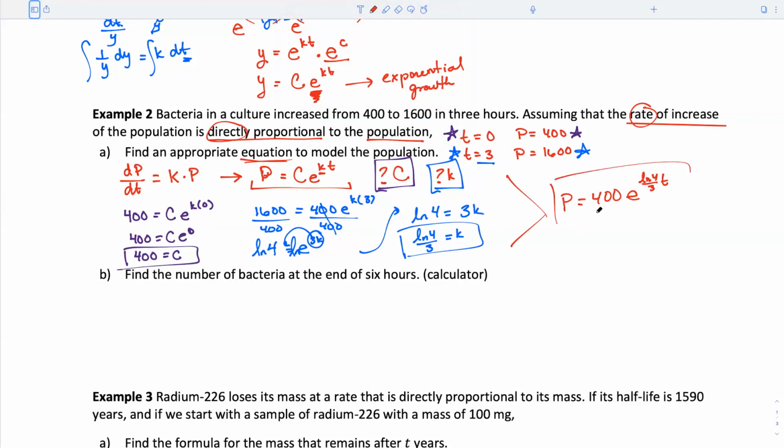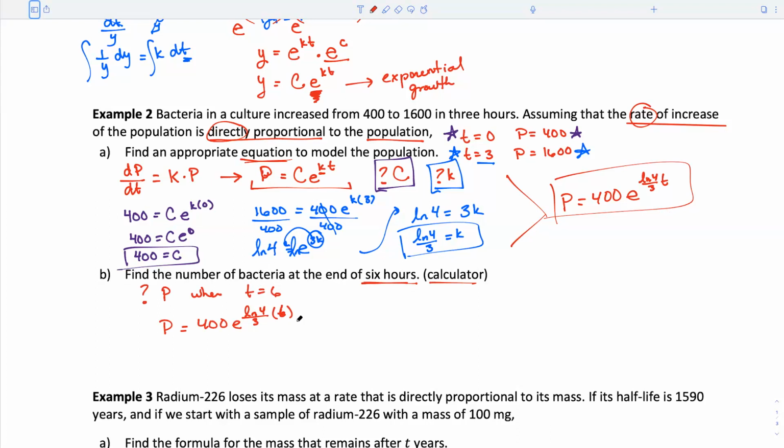And that's it. So now that we have a functioning model, we can solve part B. Find the number of bacteria at the end of 6 hours. So basically, what is P when t is 6? All right, so this is a calculator problem for obvious reasons, right, ln?